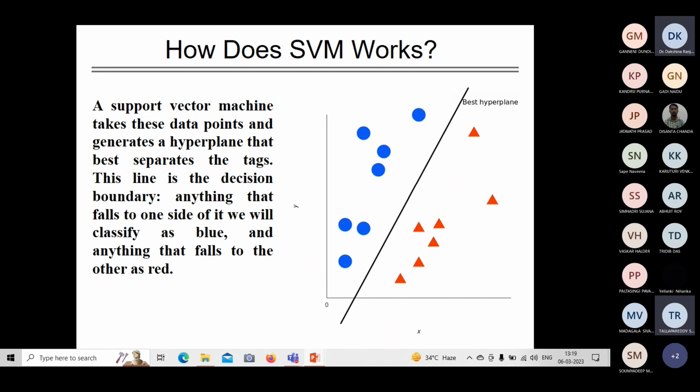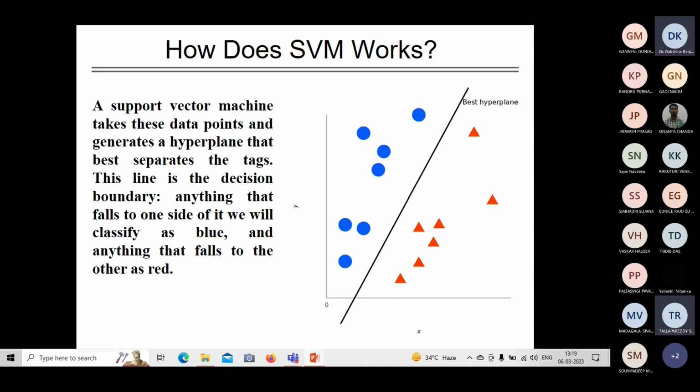Now what we do, we get a hyperplane. Now what does this hyperplane mean? The support vector machine is used to find the best hyperplane. That means the support vector machine generates the hyperplane that best separates the two different sets of points belonging to two different classes.